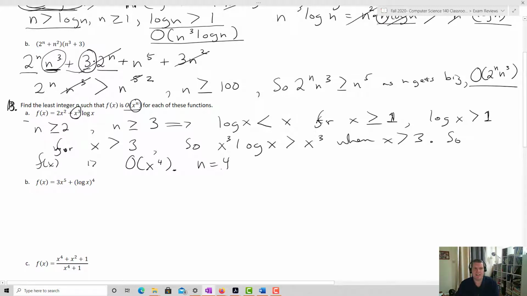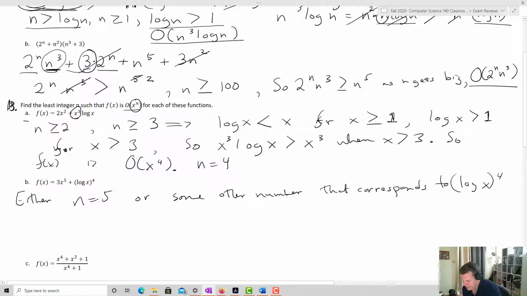What about f of x equals 3x to the 5th plus log x to the 4th? Well, n equals 5, or some other number that corresponds to log x to the 4th. But here's the thing. Remember that x is going to be greater than log x when x is greater than 1. So consequently, what I can do is take both sides to the 4th power. Since x is a positive integer and log x is a positive integer, this inequality holds.